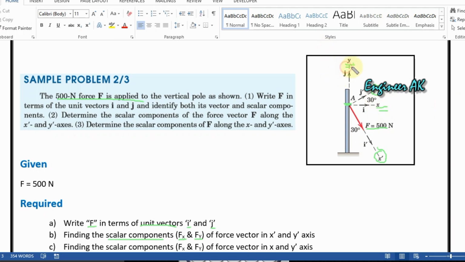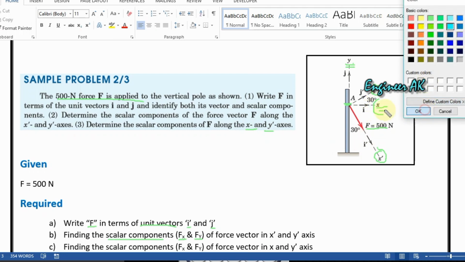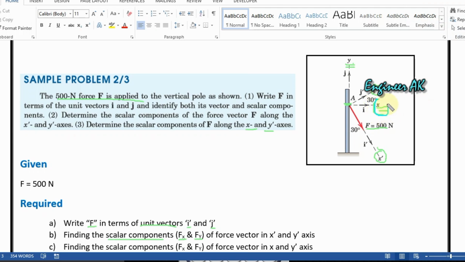So we have to find the components in this direction, and at last we have to find the scalar components of the force along x dash and y dash. Let me change the color. At last we have to find the forces in this and in this direction.